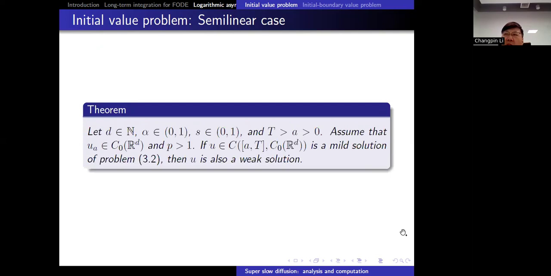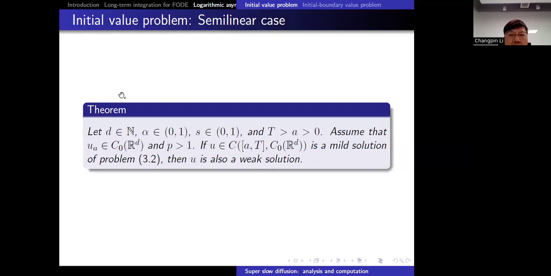Then what about the relationship between the mild solution and the weak solution? If u in that space is a mild solution, then u is also a weak solution.